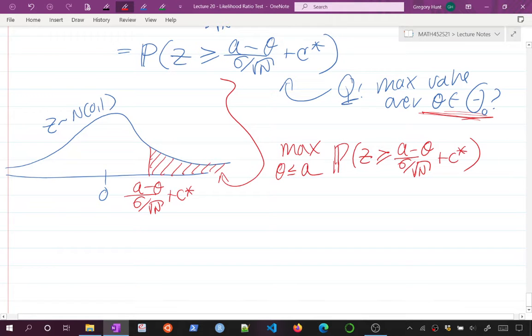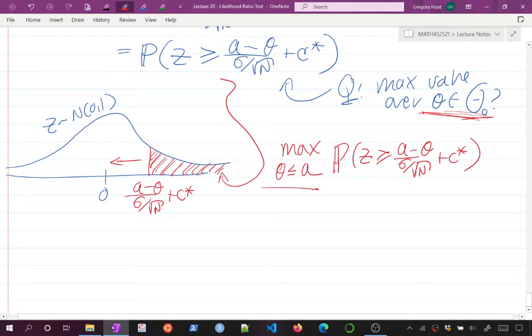And so what do we want to do? We want to basically push this value, a minus theta over sigma over root n, to the left, right? Because that would give us a larger shaded region here. And we're allowed to push that theta to a, right?